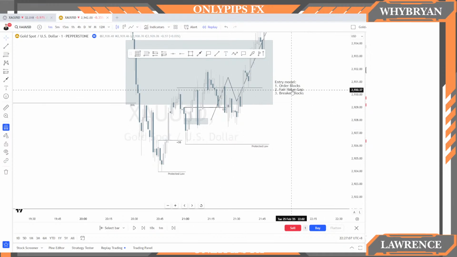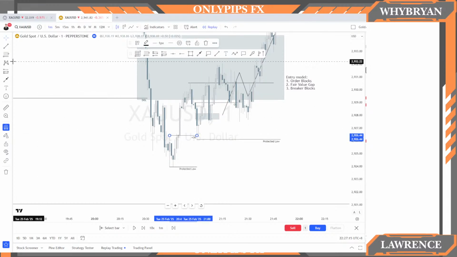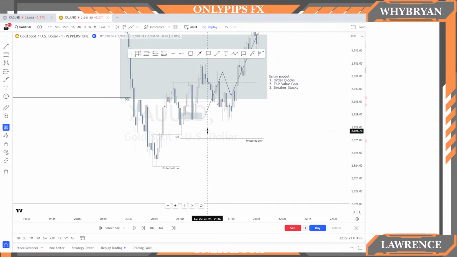So what is the fair value gap? In every single setup, in a single market structure, we have higher highs and higher lows. All those higher highs and higher lows without fair value gaps is just ranging, just range high and range low. If you want a market structure to be valid, it requires a fair value gap.